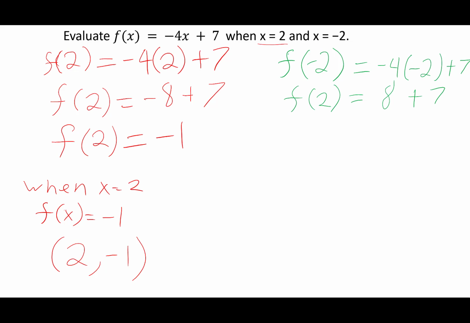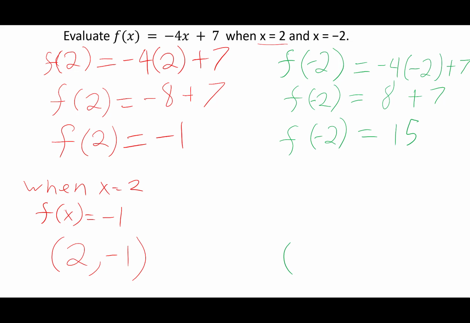So far we have f of negative 2 is equal to 8 plus 7, and 8 plus 7 is 15. So f of negative 2 is 15. So in this case, when x is equal to negative 2, our y value will be 15.